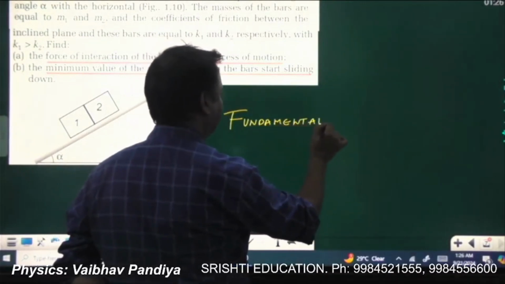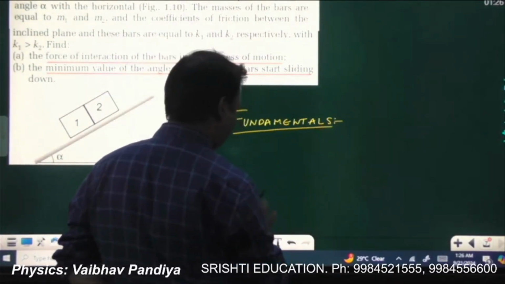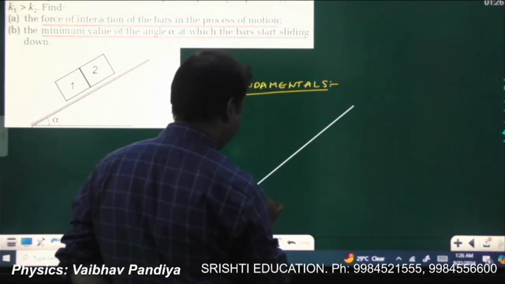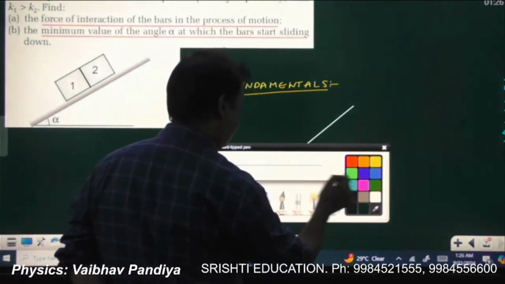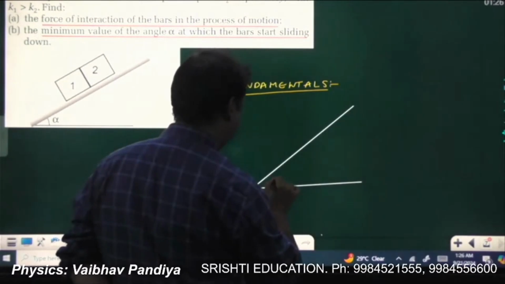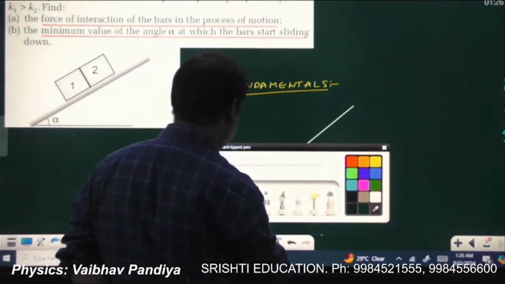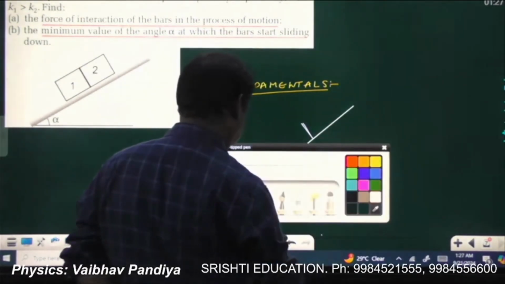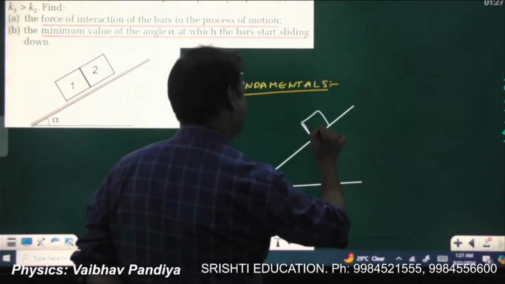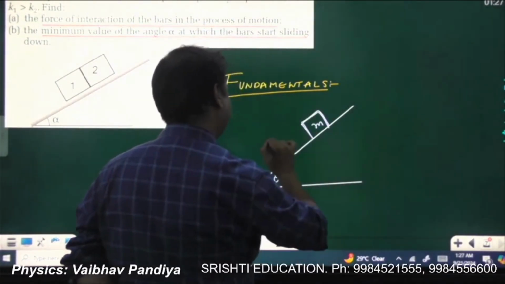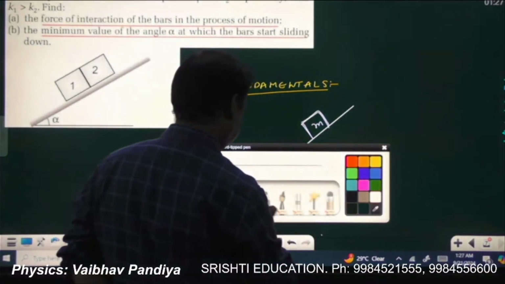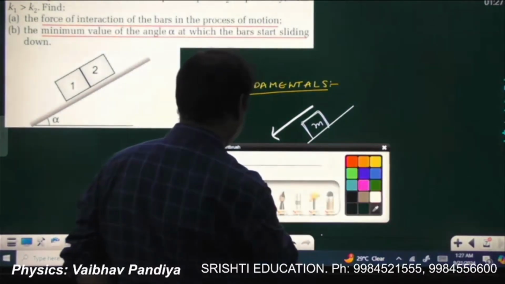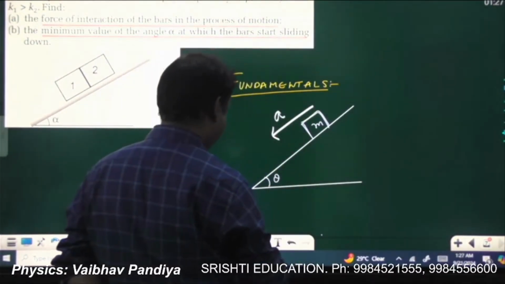Suppose we have a rough inclined surface of angle theta, and the block has a mass m and it is sliding down with an acceleration a on the rough inclined surface.